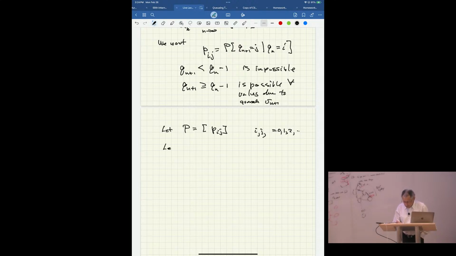I'm going to let alpha sub k be the probability that Vn plus 1 equals k. So let's write down what P looks like. Big matrix.